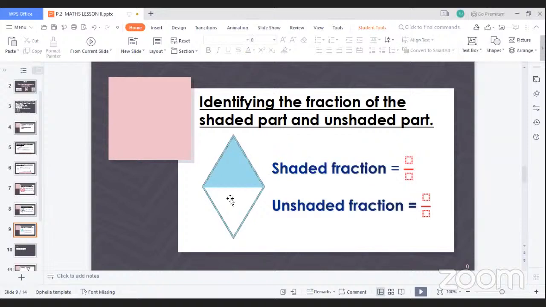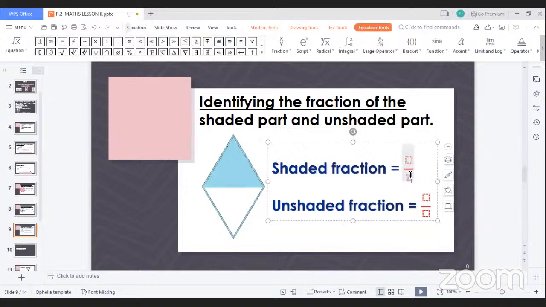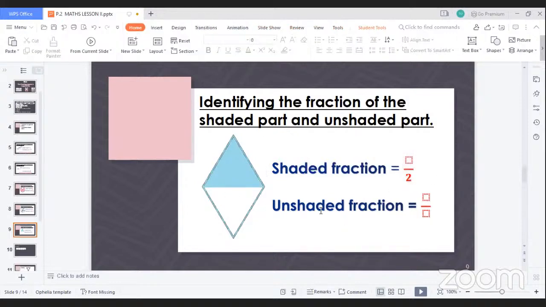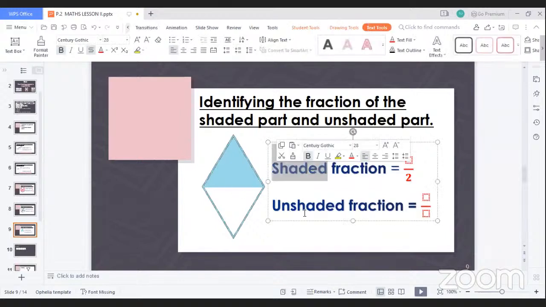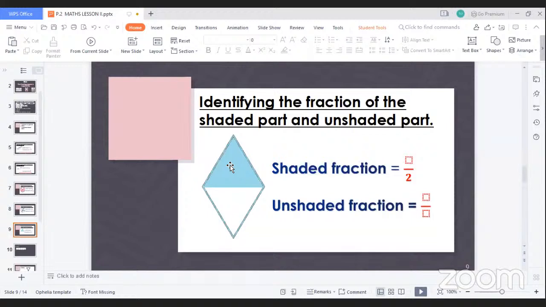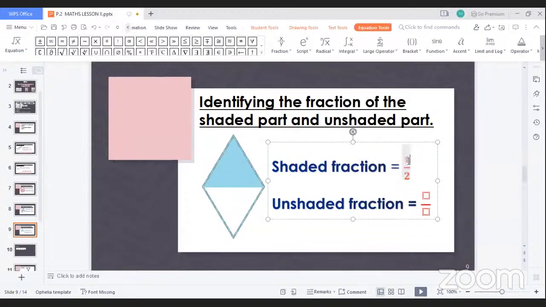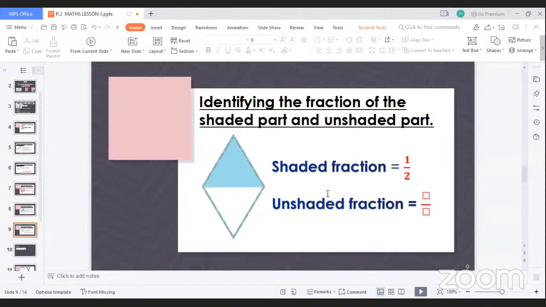Yes. How many parts does it have? 1, 2. Okay, so I put it here down. All together? Yes. Can I count the shaded parts? How many are shaded? 1. So I put 1 here.